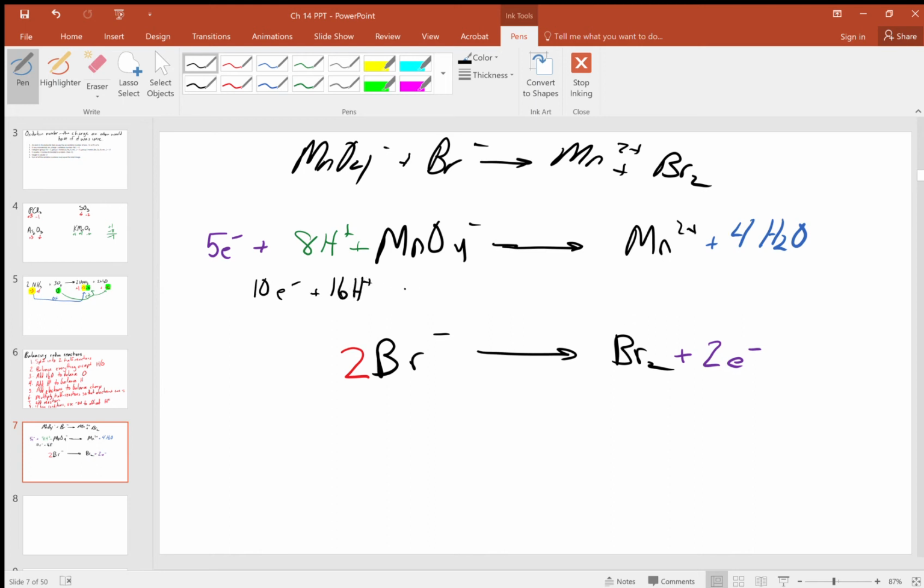And that means we have to multiply everything by 2. For the second reaction, if we multiply it by 5, we also get 10 electrons.